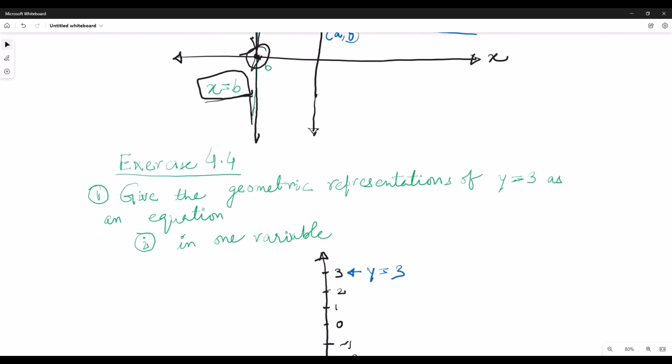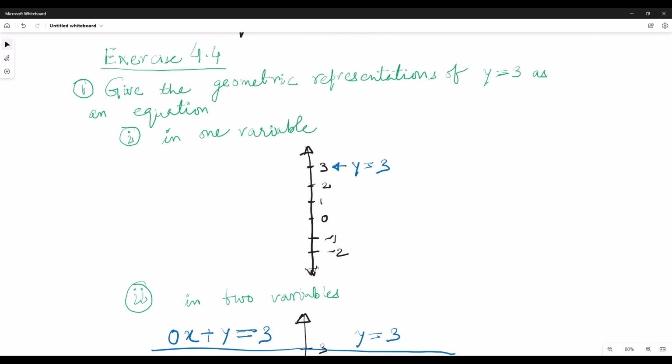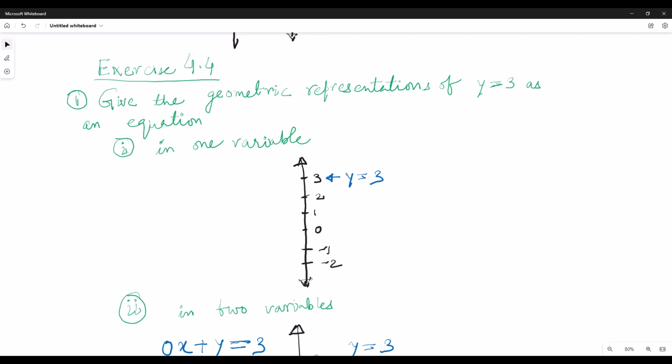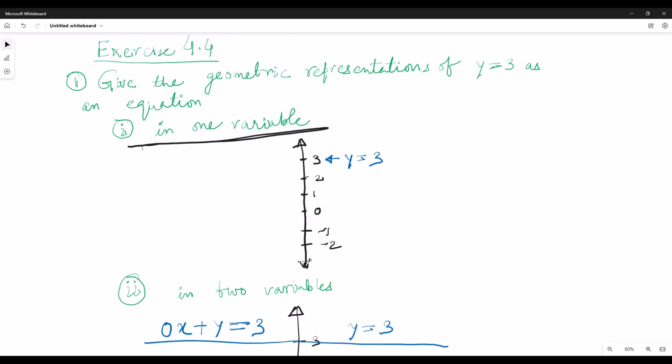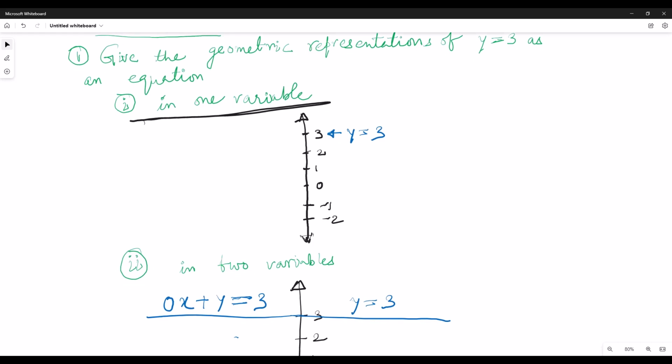Right? Give the geometric representation of y equals 3 as an equation. So y equals 3 in one variable. In one variable you can represent it on the number line: on the number line 1, 2, 3, so y is 3.